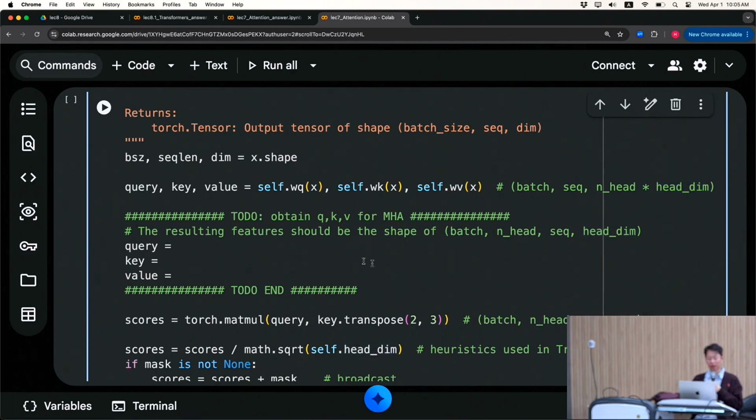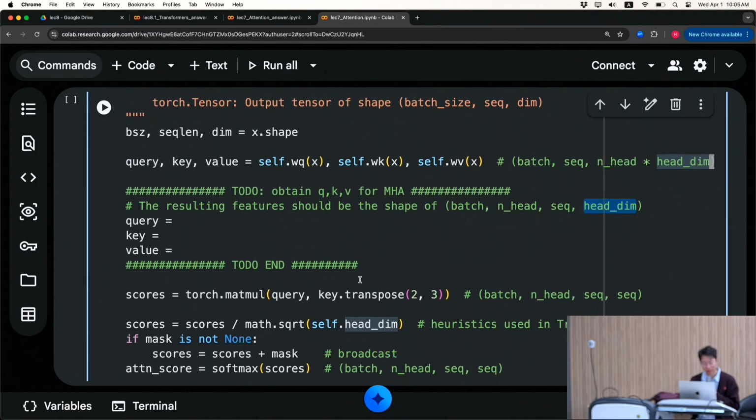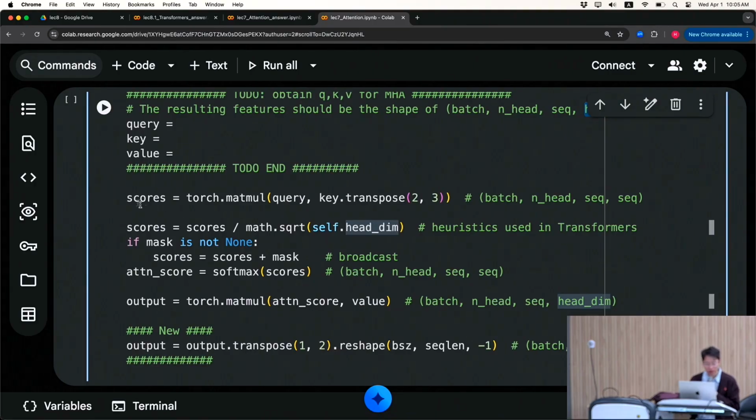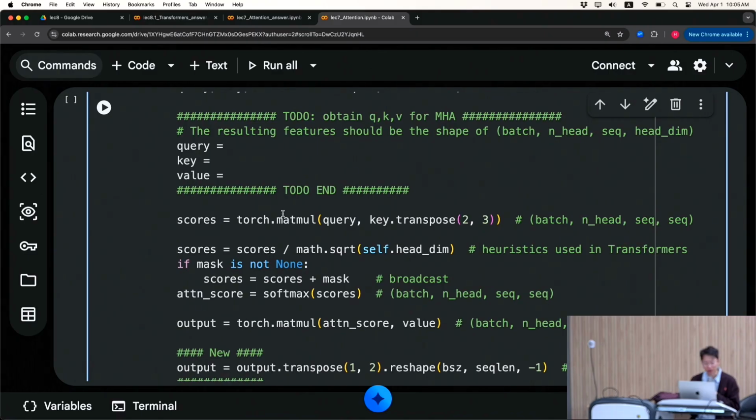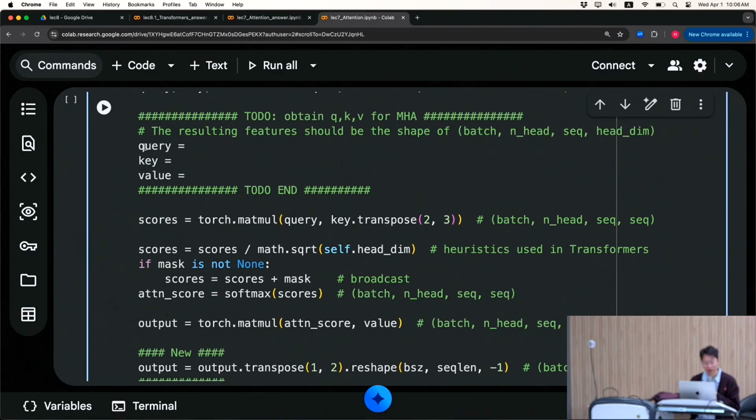And you're going to do some massaging, and the result should be of size batch size, number of heads, sequence length and head dimension. We used to ask you to implement this whole thing, but it took too much time, so we're going to ask you to do massaging only. And then after you do this massaging, the rest is straightforward and it's given to you.